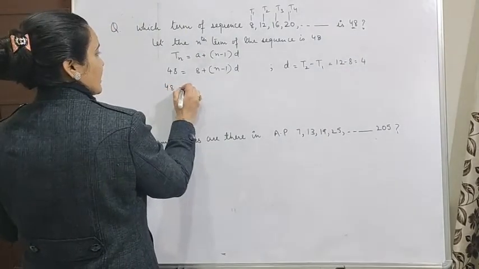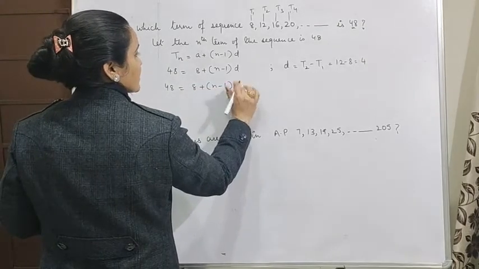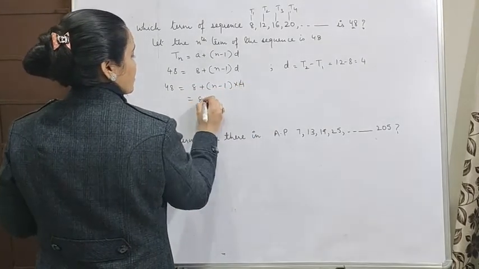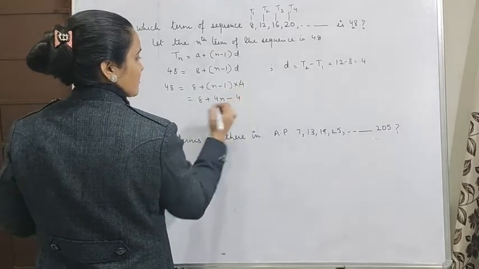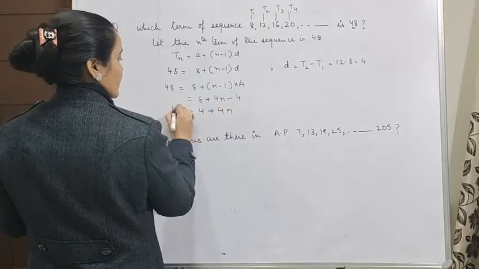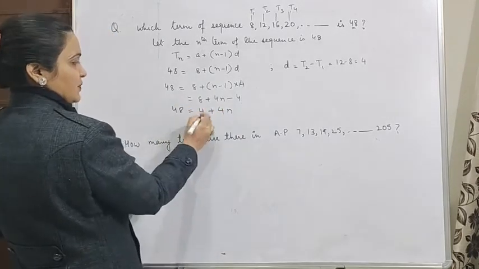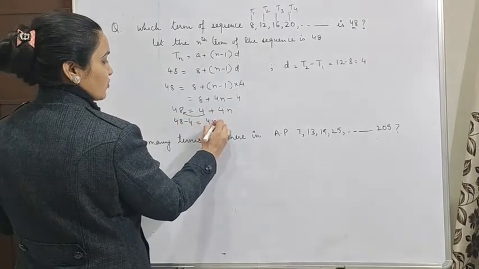So 48 is equal to 8 plus n minus 1 times 4. So this is equal to 8 plus 4n minus 4, so it is 4 plus 4n. Keep this 4 here. So 48 minus 4 is equal to 4n.